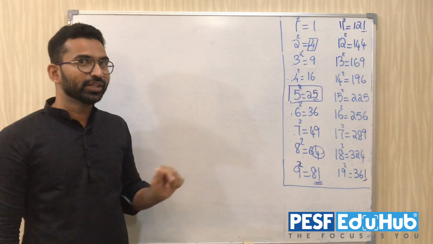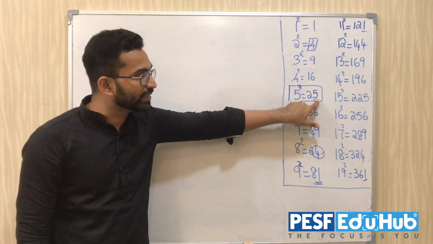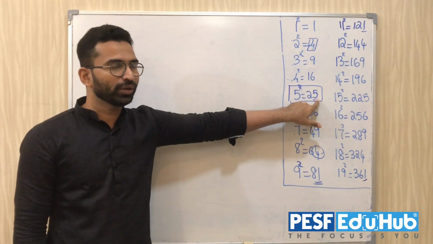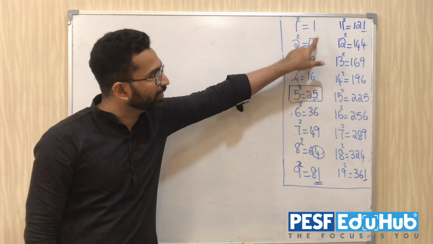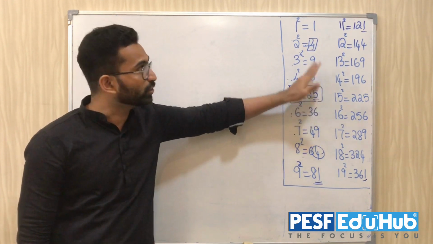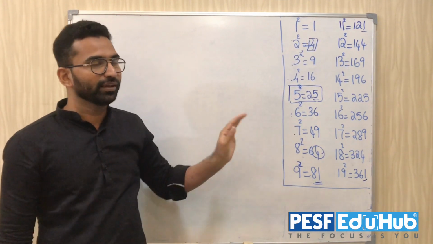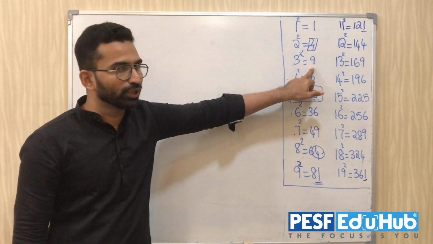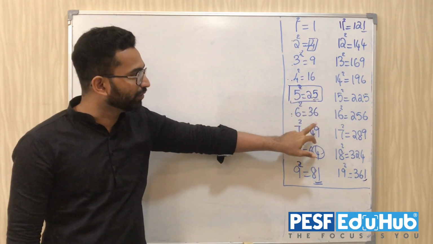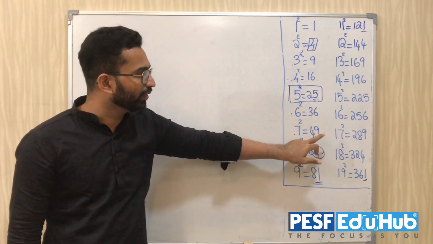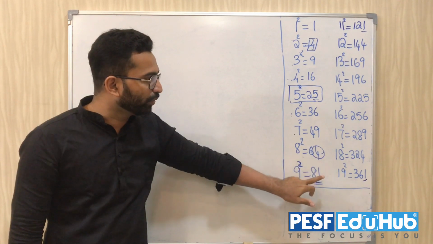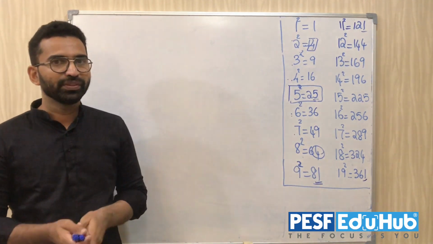That is 25. 25 means this number is ending with 5. Can you see any other square value which is ending with 5? For example, 1 is not ending with 5. 4, no. 9, no. 16 is not ending with 5. 36, no. 49, 64, 81. Nothing is ending with 5.